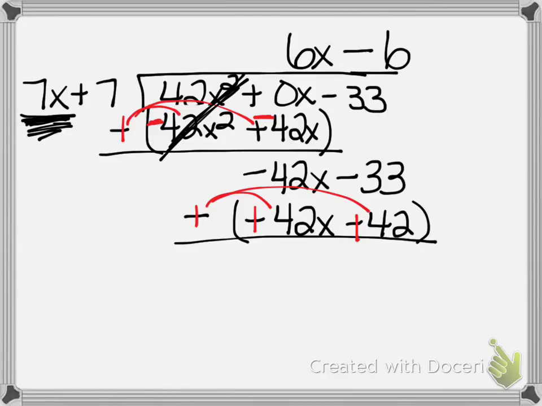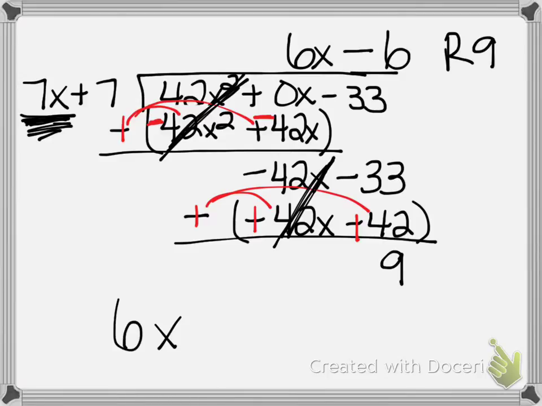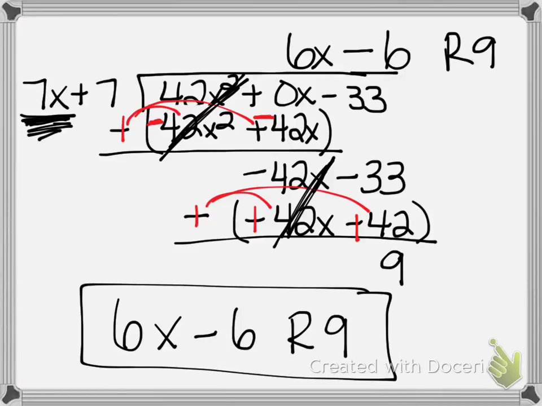So now I have negative 42x plus positive 42x, and that gets me 0. So that eliminates. And then I have negative 33 plus positive 42, and that gets me a positive 9. So my final answer will be 6x minus 6 with a remainder of 9.